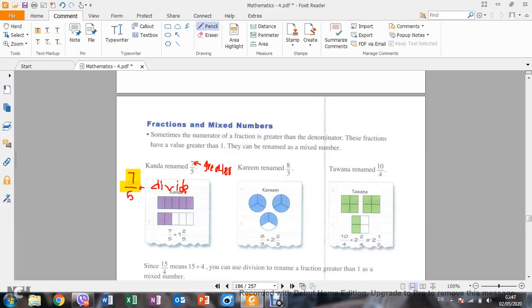I'll do it now. Look, the top number, which I called the numerator, I directly put down as the dividend, 7, and the denominator is the divisor.